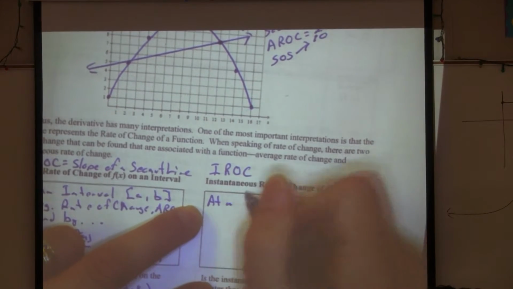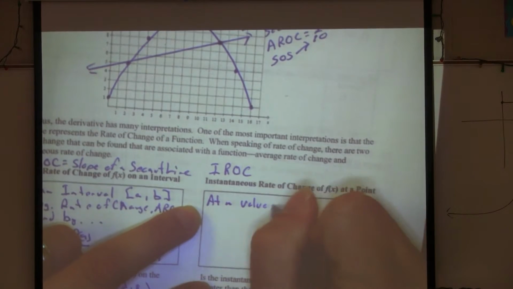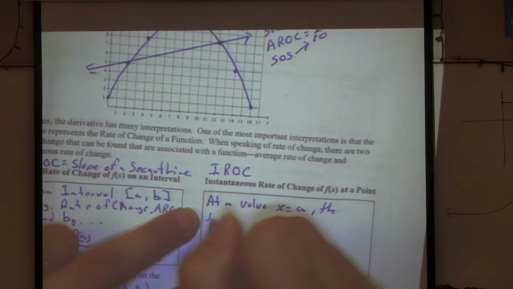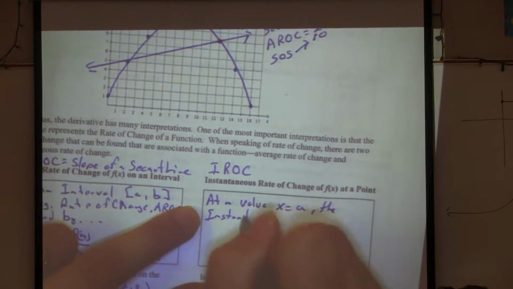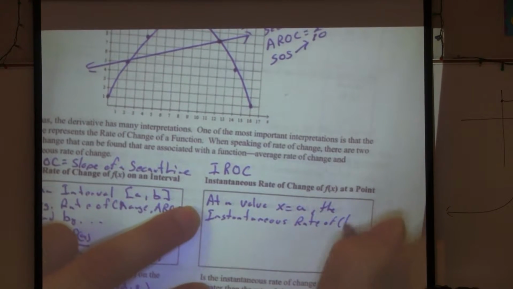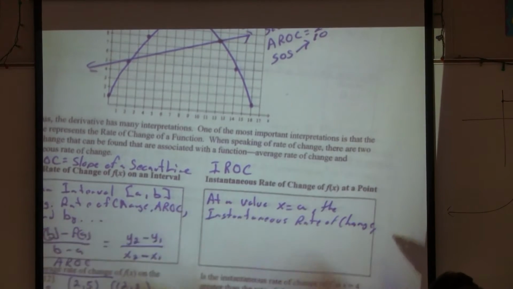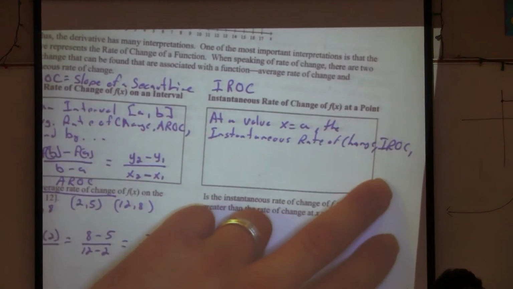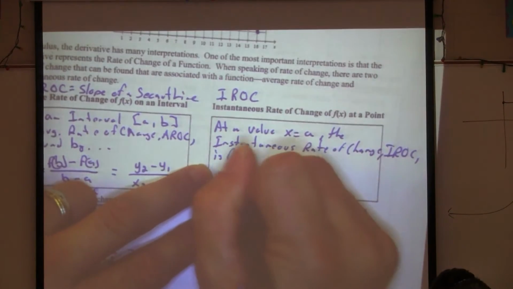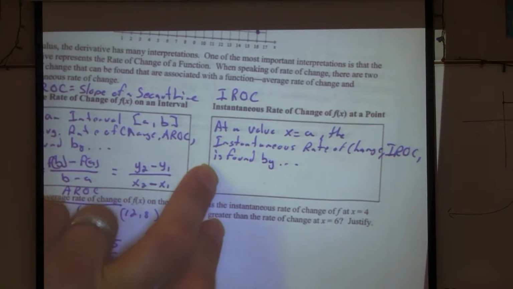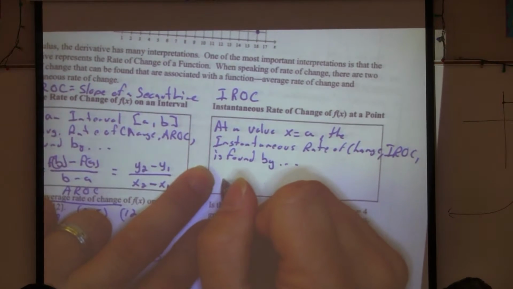So at a value x equals a, the instantaneous rate of change, aka IROC, is found by, how do I find it? By using what?